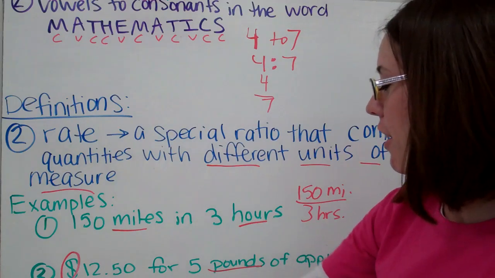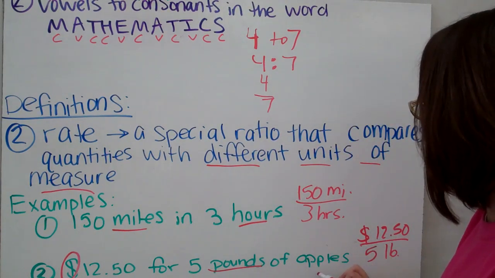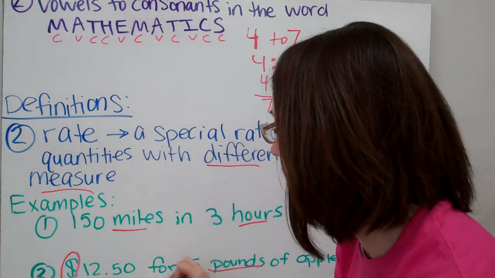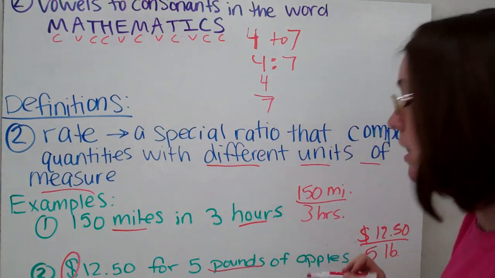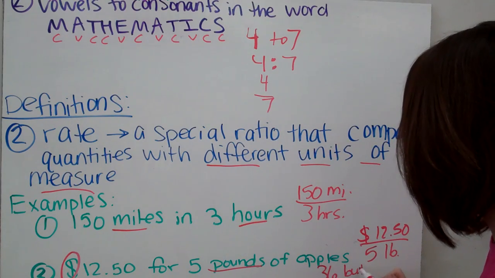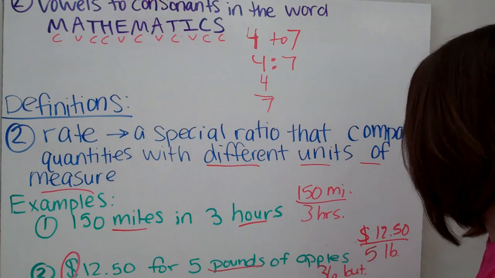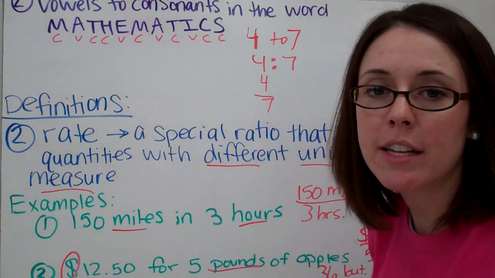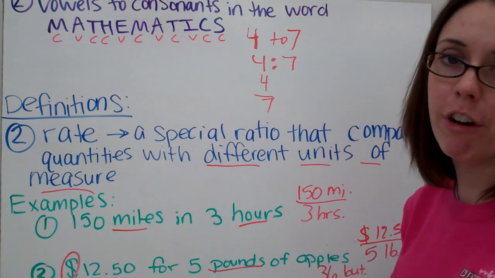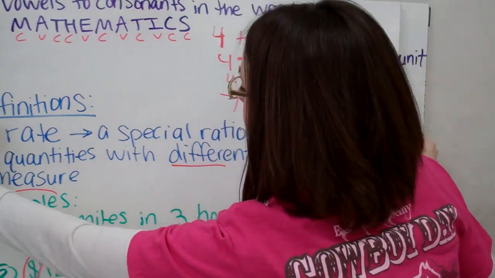Don't ask. 36 butterflies on 12 flowers. That means we have 2 units of measure, butterflies and flowers. They're different, so it's a rate. So 36 butterflies over 12 flowers. So 36 butterflies for every 12 flowers. Those are rates, a special type of ratio.